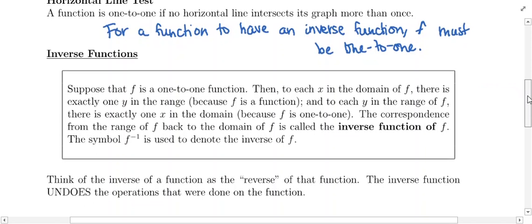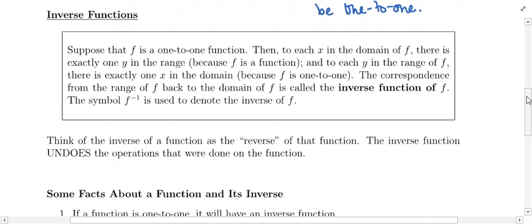Let's go ahead and read about what an inverse function is. In the box, this is like a formal definition, and if you read through it, it's sort of confusing. After we read through what's in the box, we will kind of defuse this. Suppose that f is a one-to-one function.